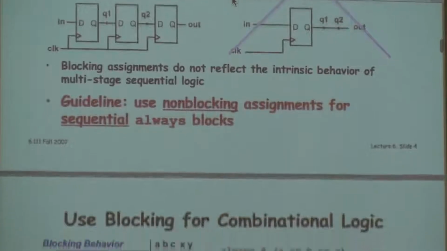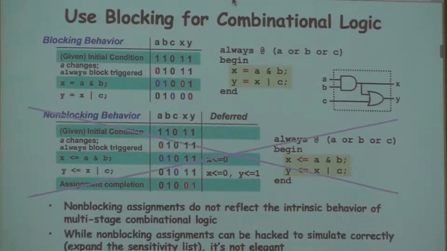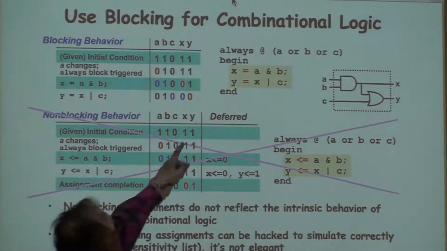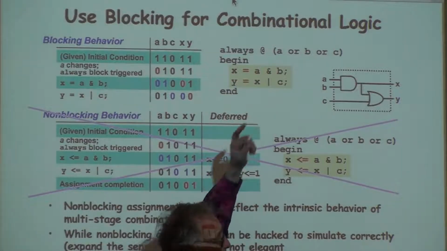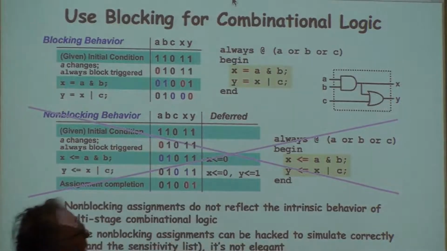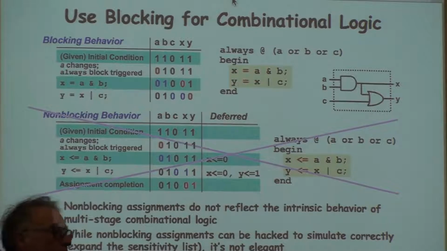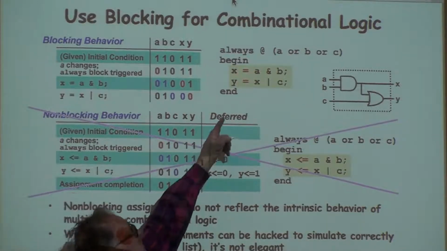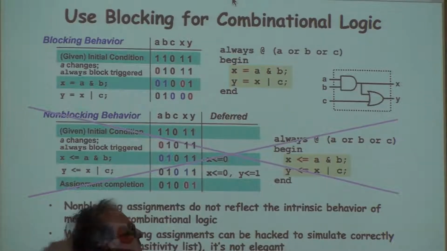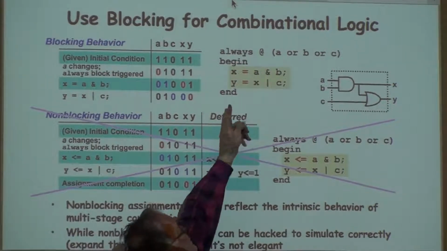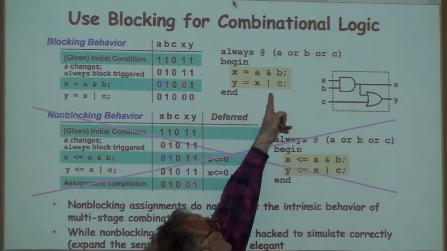Now, for combinatorial logic, let's say you have an always block where you say X is the logical AND of A and B, and then Y is X ORed with C. Probably what you have in mind, because you're used to thinking of a sequential system, is do this operation first, then do this.